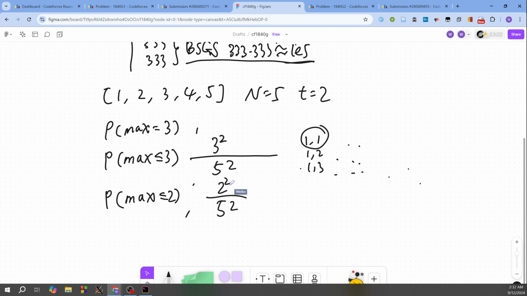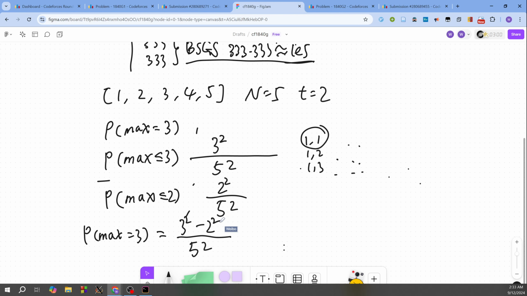So we subtract those two, and we get P(max = 3) equal to (3 squared minus 2 squared) over 5 squared.